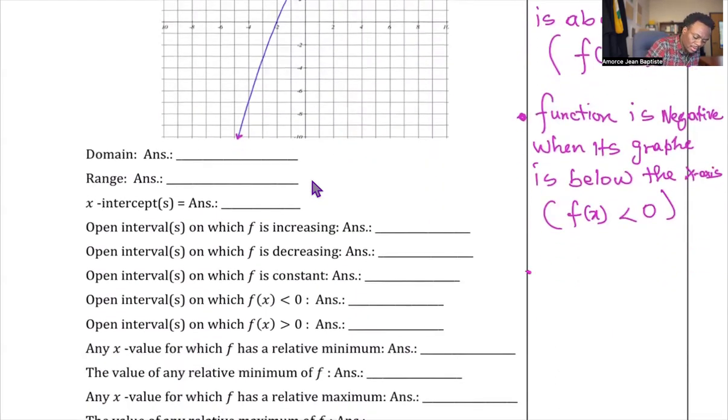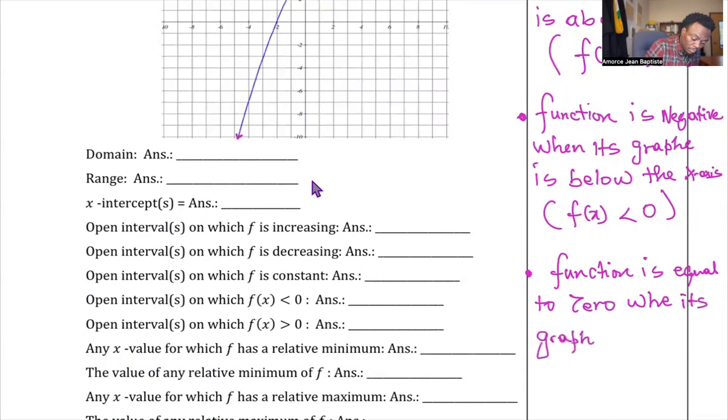And then function is equal to 0 when its graph is on the x-axis.